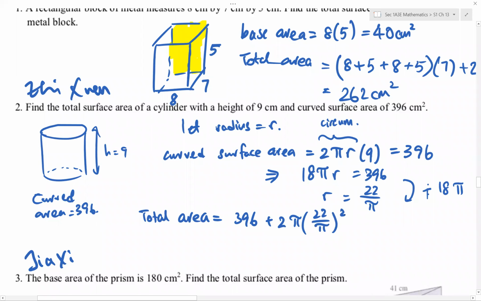And now we use our calculator to evaluate everything. Round off, you should get the same answer. Divided by pi squared, times pi, times 2. 704.123704.